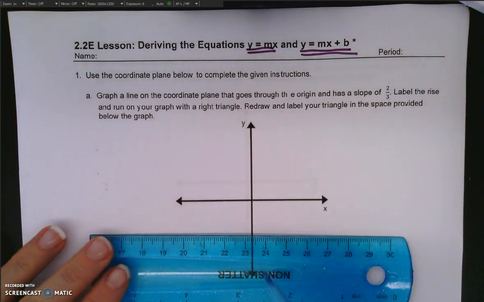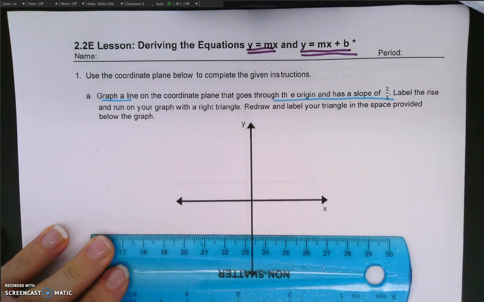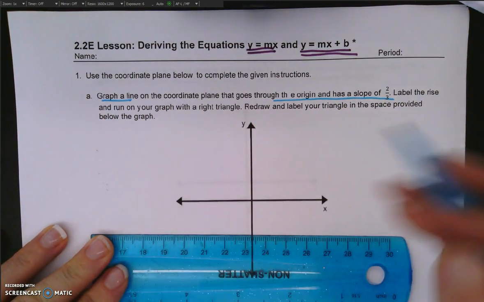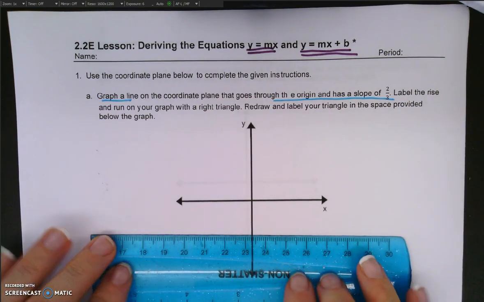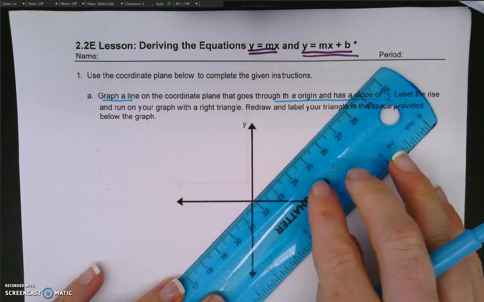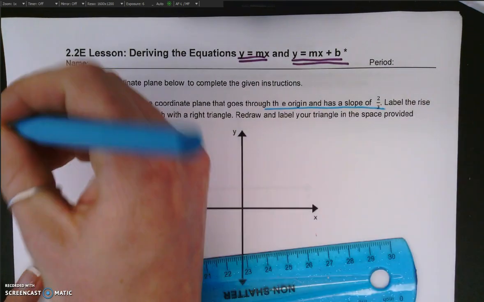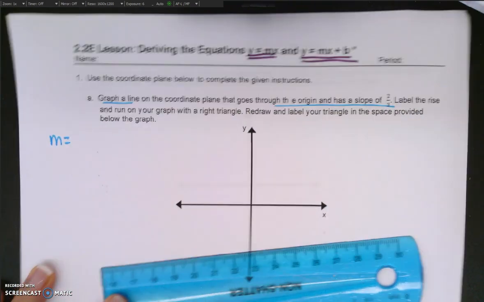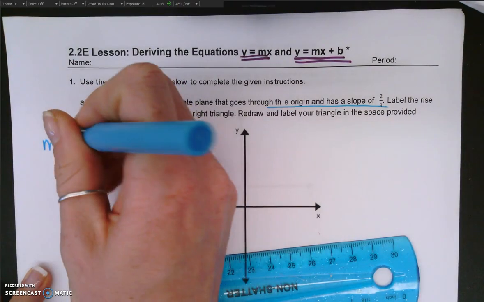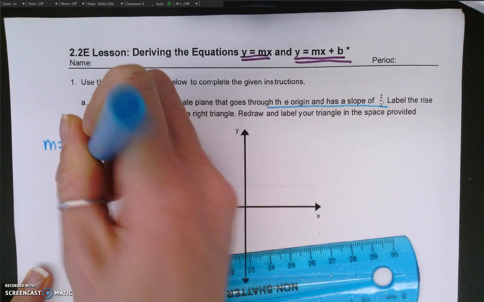The first thing we need to do is graph a line that goes through the origin and has a slope of 2/3. Let's do that first. So if I have a slope of 2/3, I don't want you starting to draw any numbers on here. Just think 2/3. Remember, slope, which is little m, is rise over run.